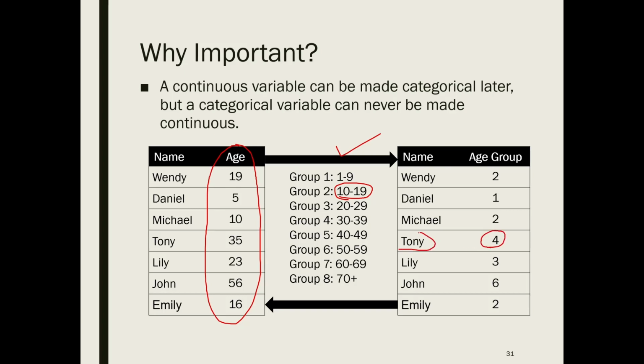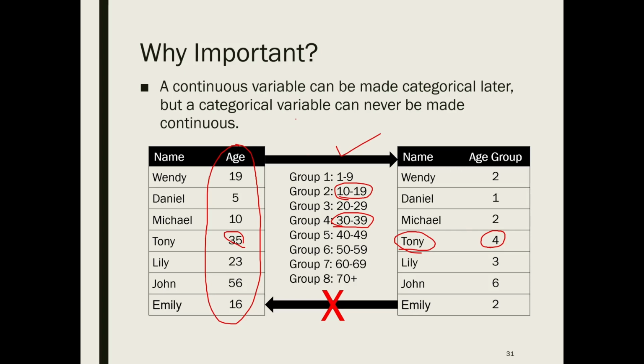If I ask you the actual age of Tony, you have to guess: 30, 31, 32, 33, when Tony's actual age is 35. So a continuous variable can be made categorical later, but a categorical variable can never be made continuous. This is a good example.